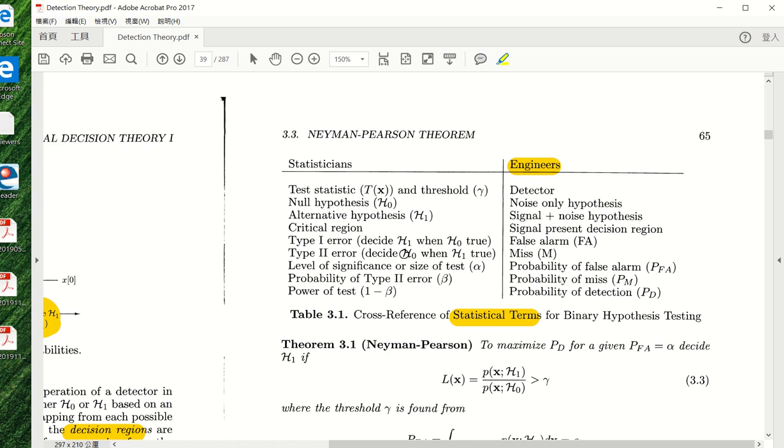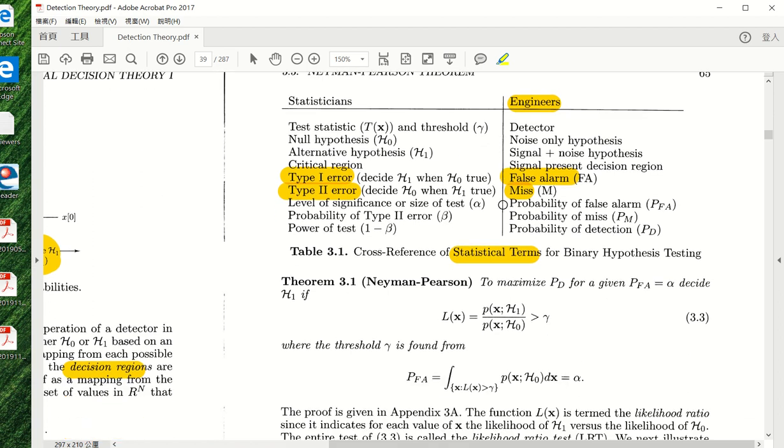And false alarm. It's called, as I said, type 1 error, but we call it false alarm. Type 2 error, as I said, it's a misdetection. You miss the target. Then it's the level of significance, probability of false alarm, probability of type 2 error, probability of miss, power of test at 1 minus beta. We call it probability of detection. Just be familiar with those terminologies because we will use them from time to time.